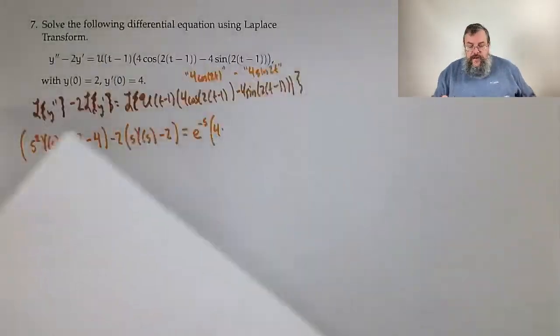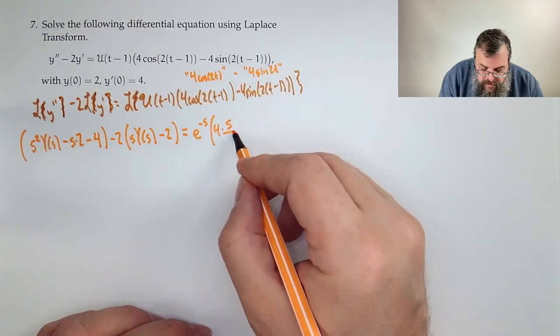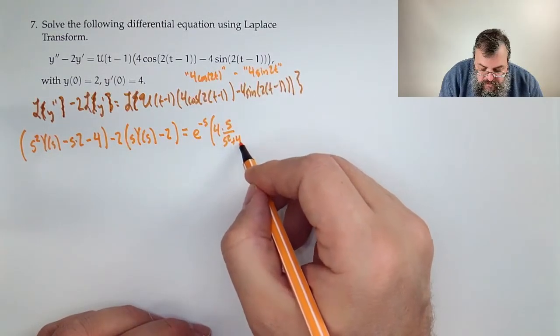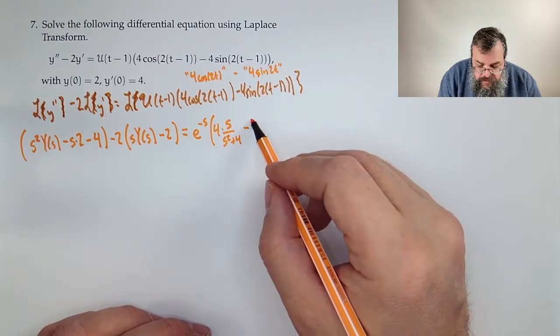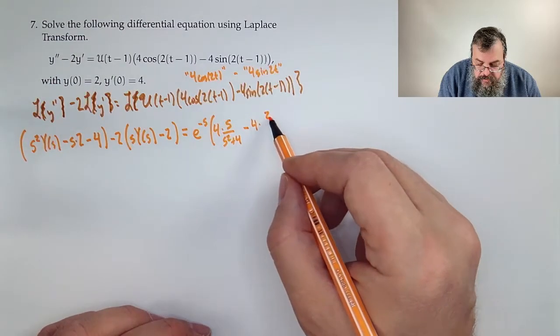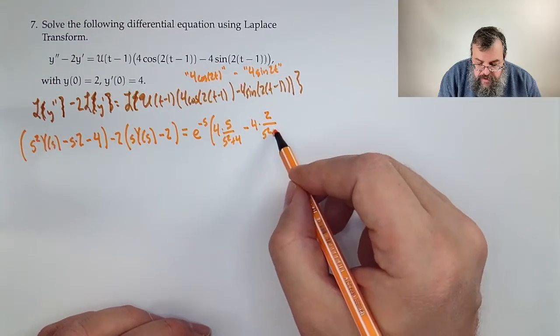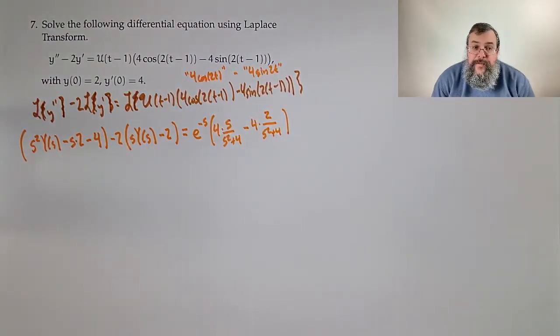So we would have s over s squared plus 4, and then minus 4 times a, which is 2, over s squared plus 4. All right, good. Now, that's what we have currently.